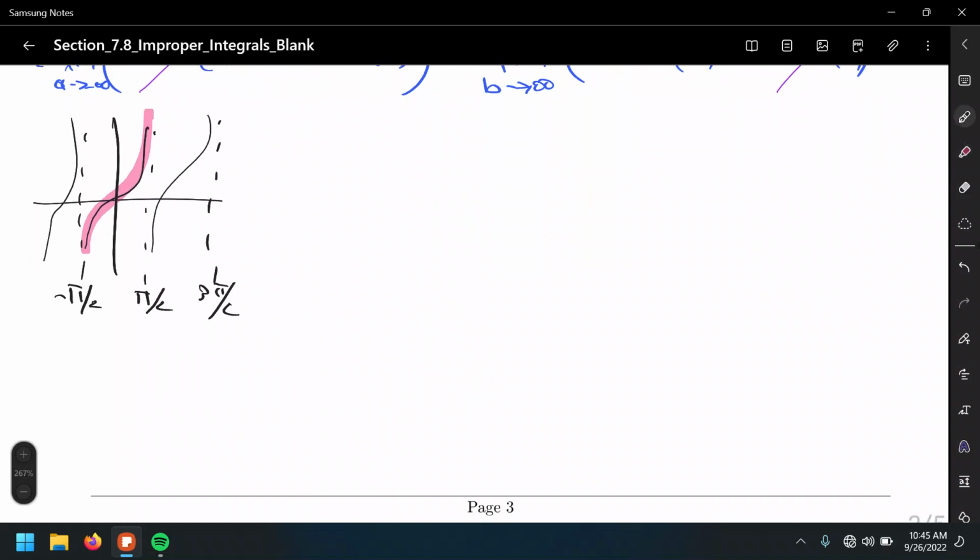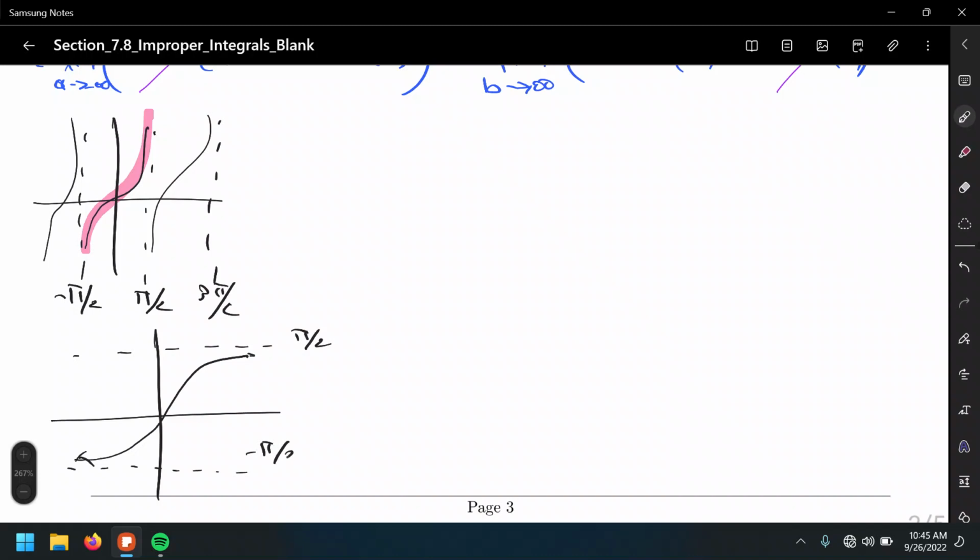Now, what's the end result? The new arctangent function looks like this, and these two vertical asymptotes become horizontal asymptotes at the same values, pi over 2 and negative pi over 2, above and below.